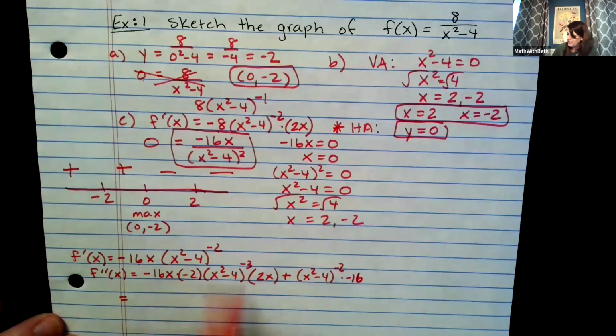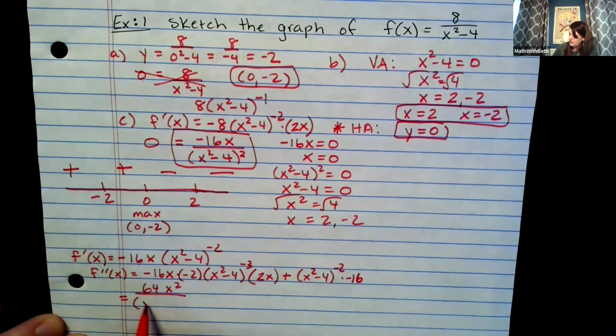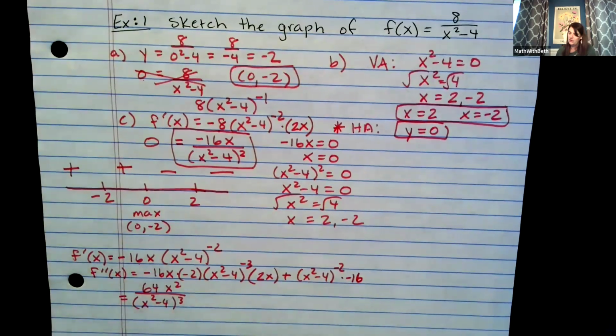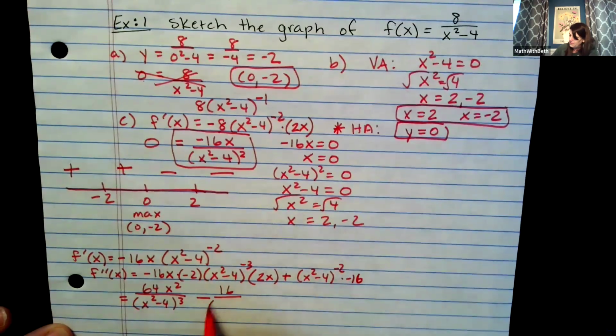So if I multiply the stuff I'm allowed to multiply, I'd get a 64x squared, and I can move this to the bottom since it was raised to the -3rd. And same thing here, I can at least make this 16 over this to the second power.